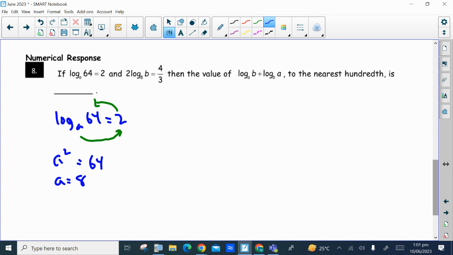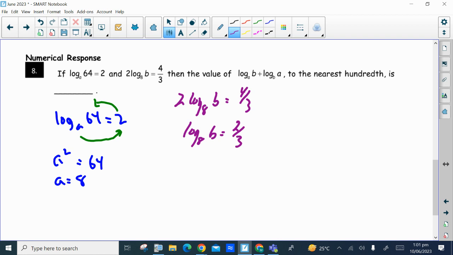So there's our value of a. It's 8. Taking that second expression, let's find out what b is. So I've got 2 log base 8 of b equals 4/3. I would first divide both sides by 2, which is the same as multiplying by a half. So that's going to give you 4/6, or 2/3.